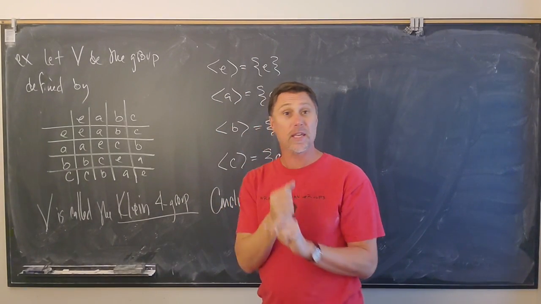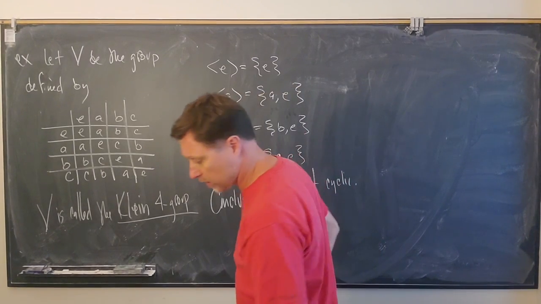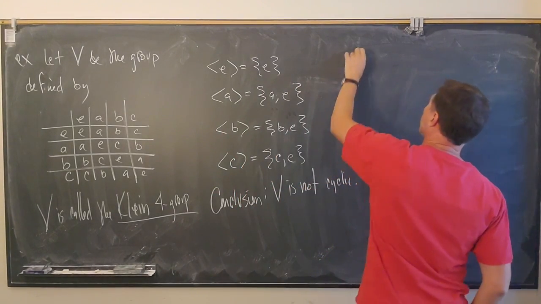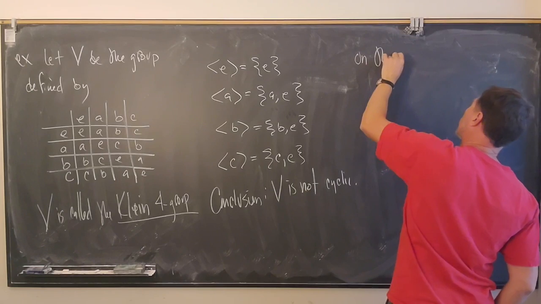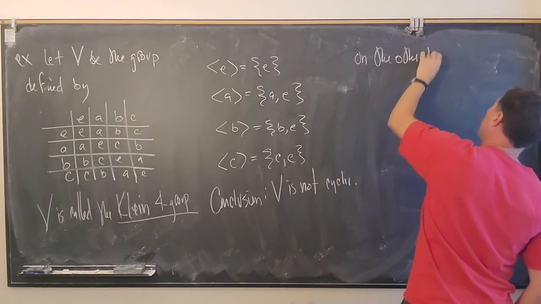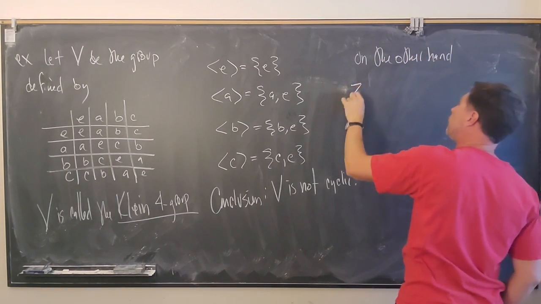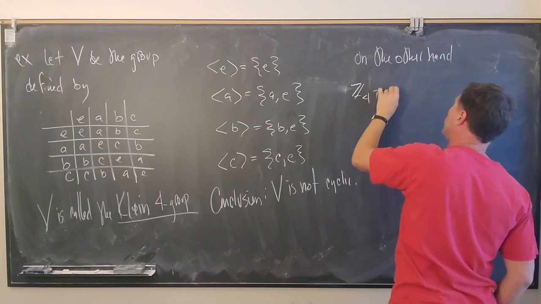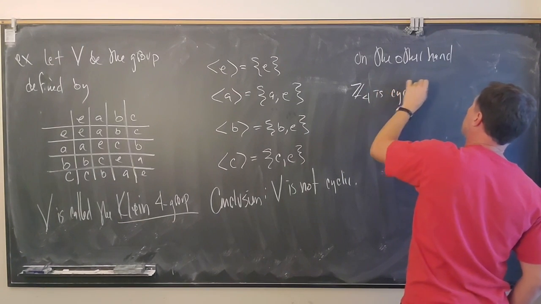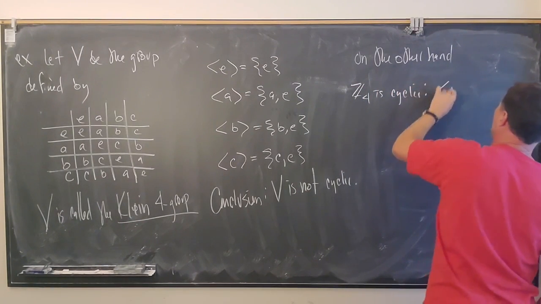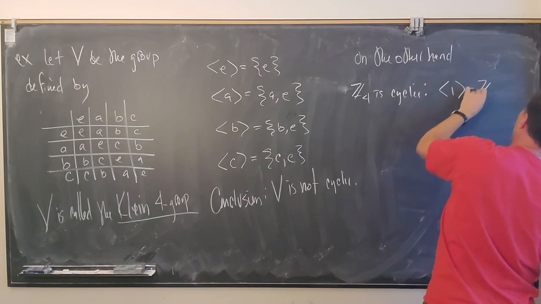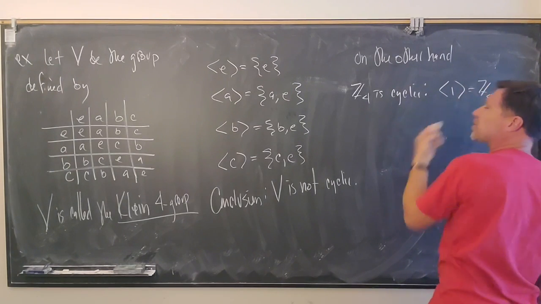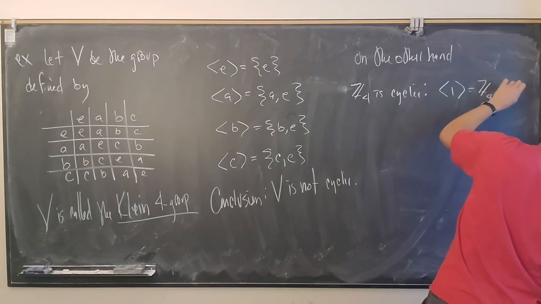There's also Z4. On the other hand, Z4 is cyclic. Why is that? Well, there's a generator: 1 generates Z4. Also minus 1 is 3, so the inverse.